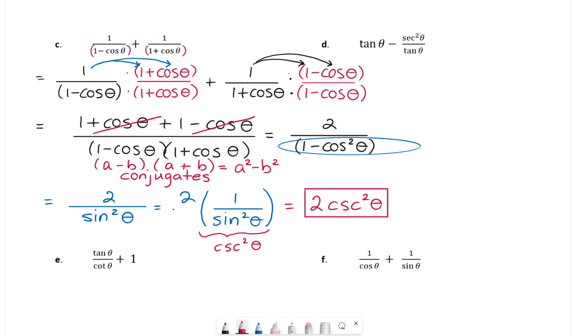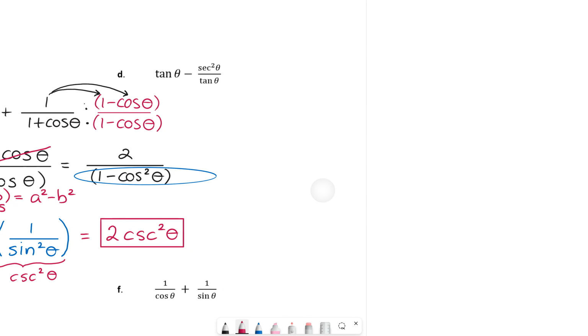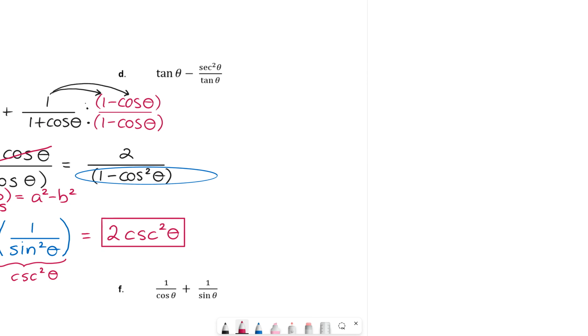Alrighty, let's go to part D. So part D is tangent theta minus secant squared theta over tangent theta. So I'm going to actually come over here to the right, since I kind of used up some space there, and I'm going to write it over.